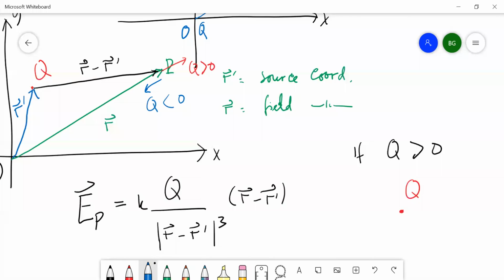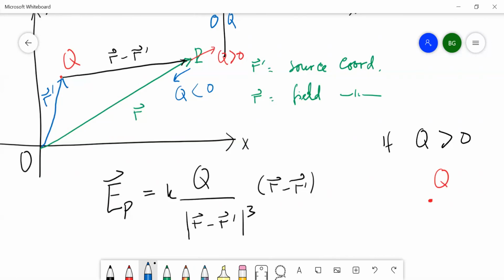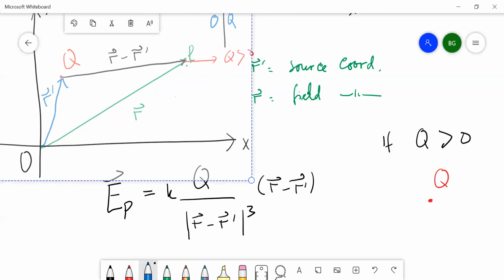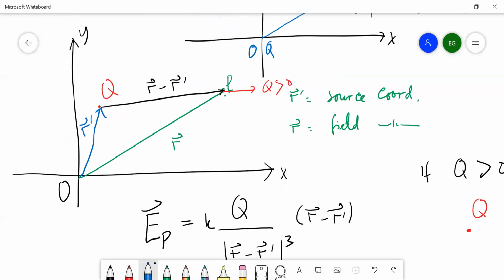So this is P, and this is outward like this for Q positive. If negative, this is inward, Q less than 0.